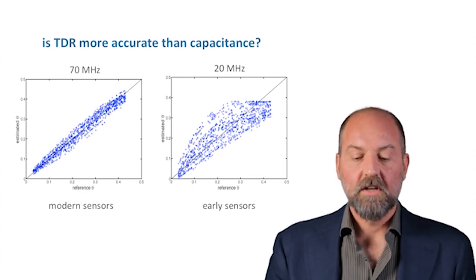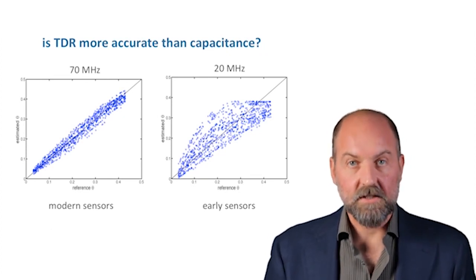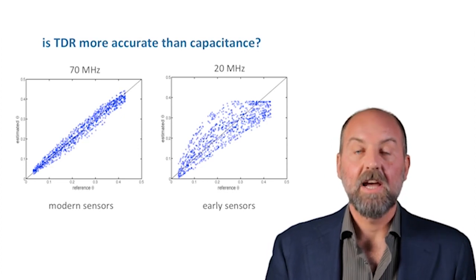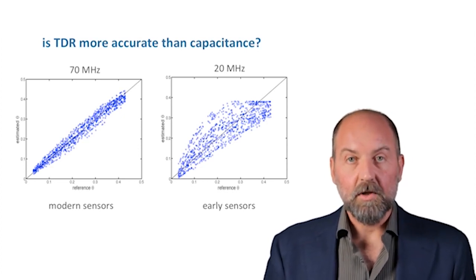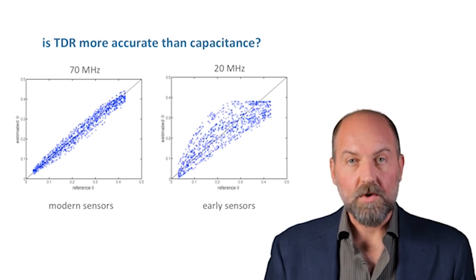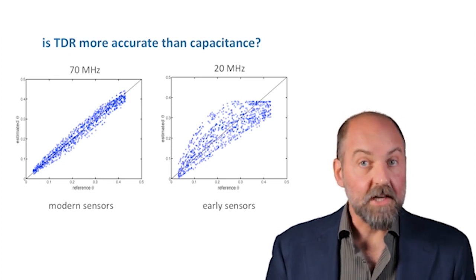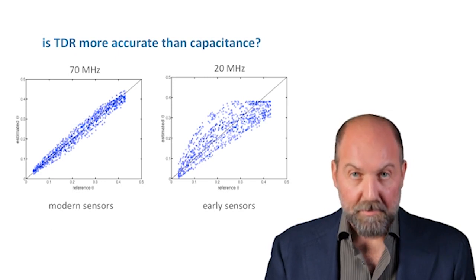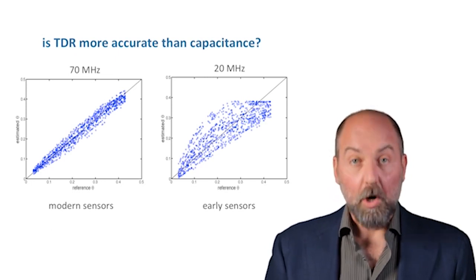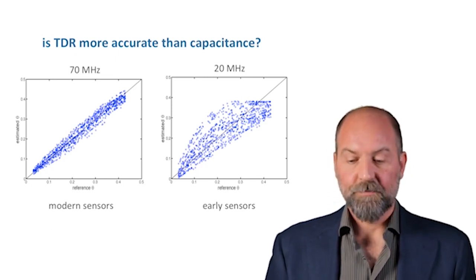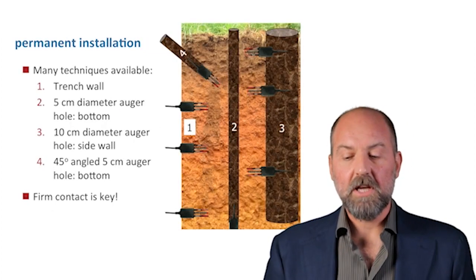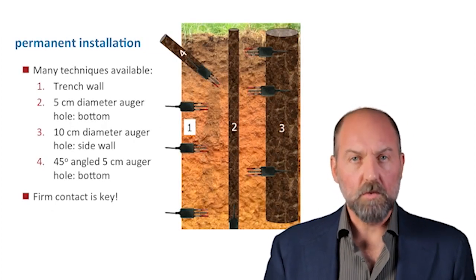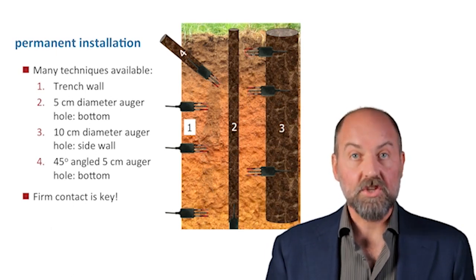I have included here variability of texture, salinity, temperature, and also soil density. And yet the model predicts an accuracy for this data set of plus minus 5%, which is probably acceptable for most purposes.